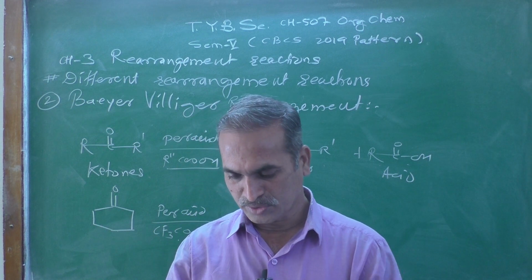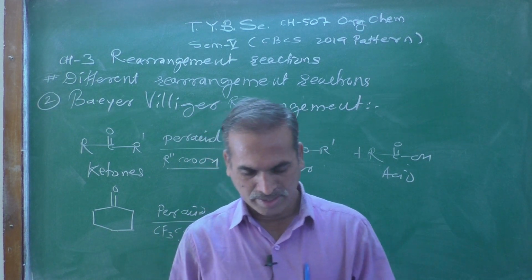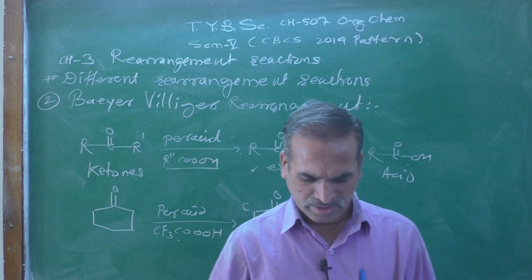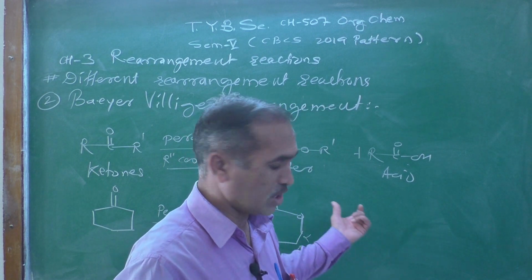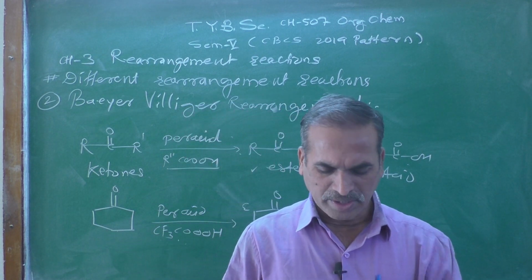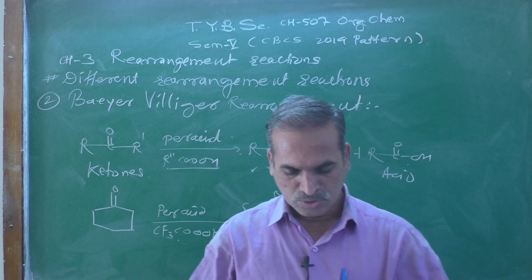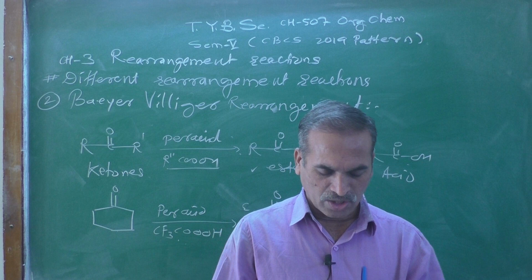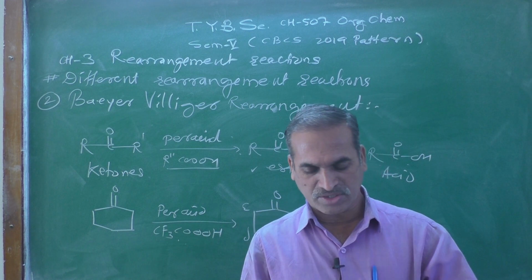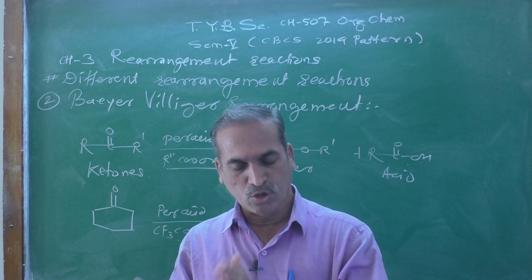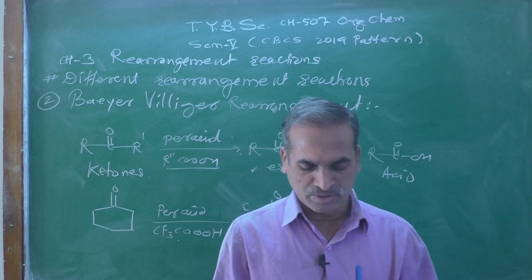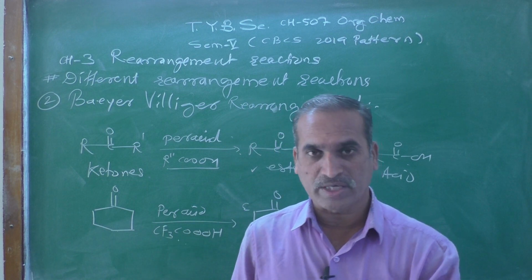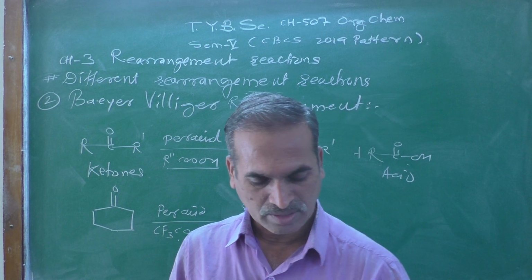So you should remember that. Depending upon the solubility of the reactant, inert organic solvents such as glacial acetic acid or chloroform can be used as a solvent for this reaction.